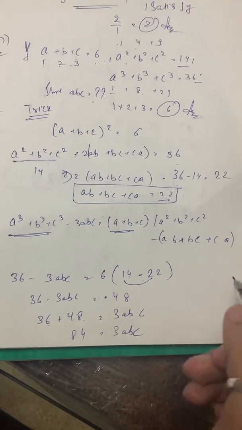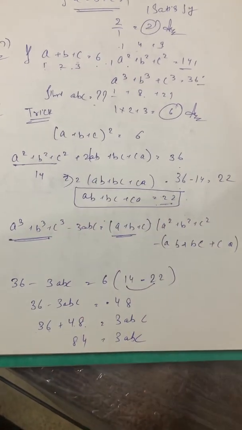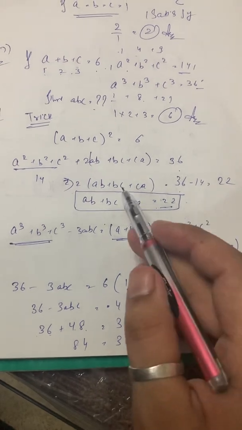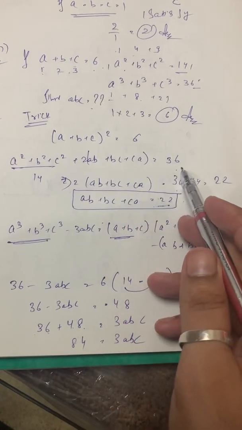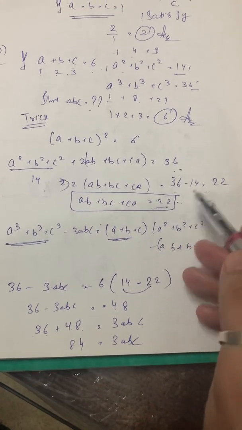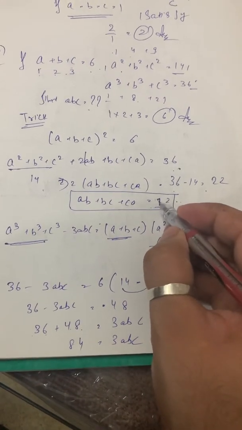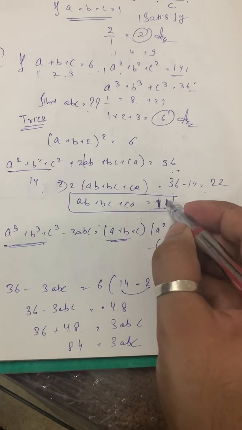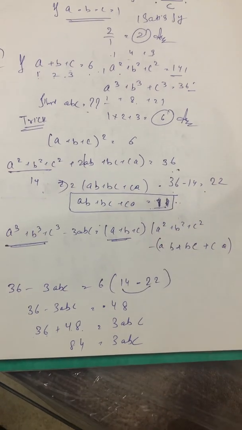I think some mistake has been made here. a square plus b square plus c square plus 2ab plus 2bc plus 2ca is equal to 36. This was 14, 22, sorry, this is 11. This is actually 11. ab plus bc plus ca equals 11.